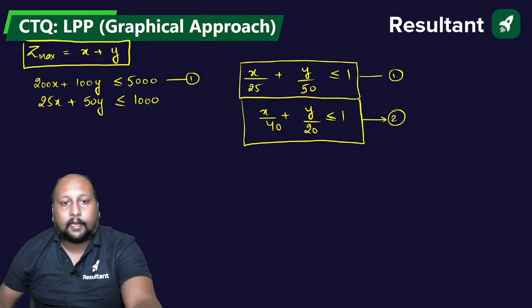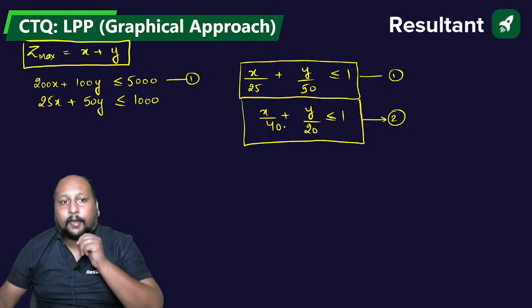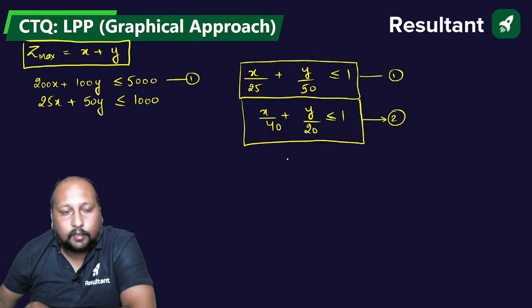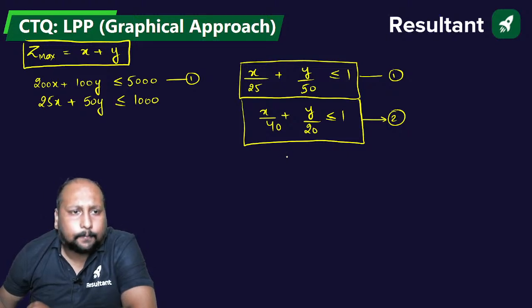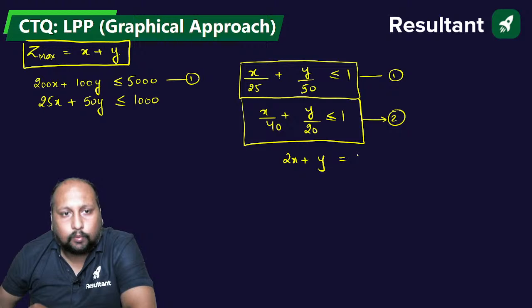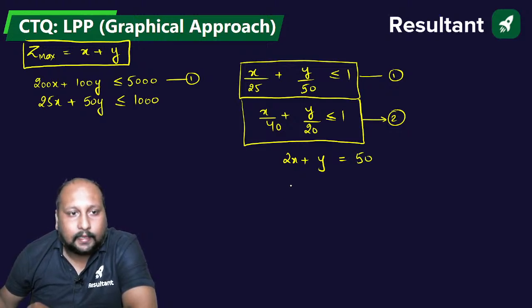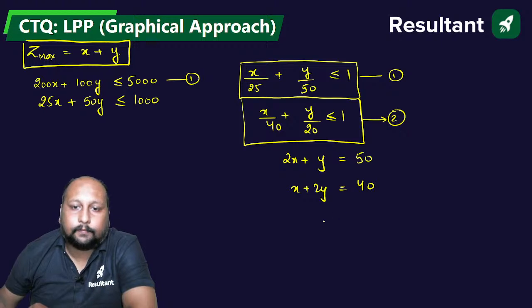Yes, 20 and 25, perfect. Now we can write the first equation as 2x plus y equals 50. The second equation can be written as x plus 2y equals 40, right?